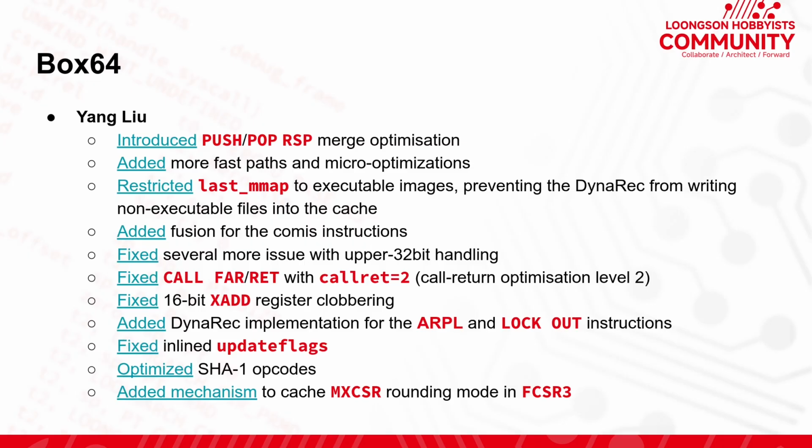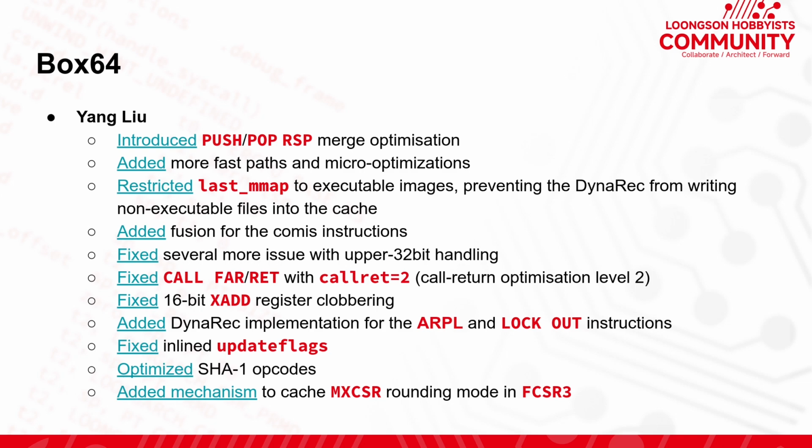Next, last month we added some upper 32-bit optimization, but there were some regressions, so we fixed some regressions. Next is a call return bug in the call opcode, so we fixed that too.